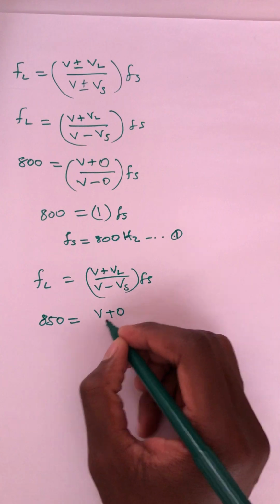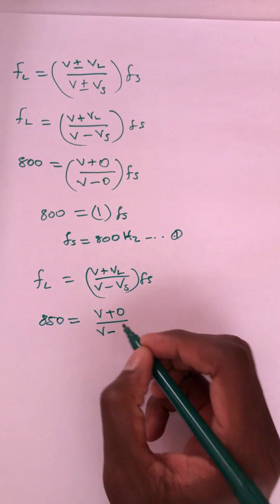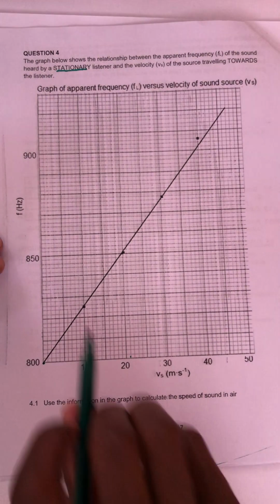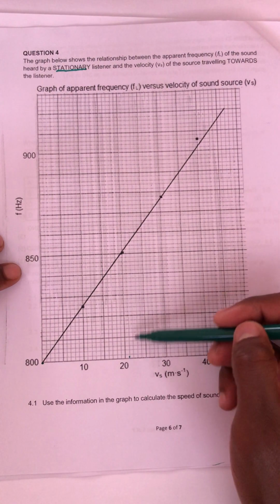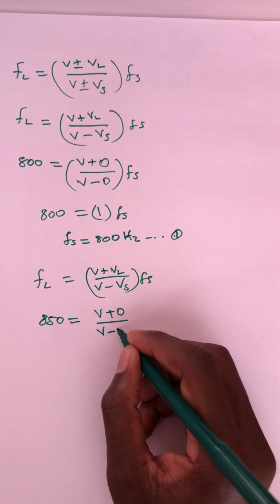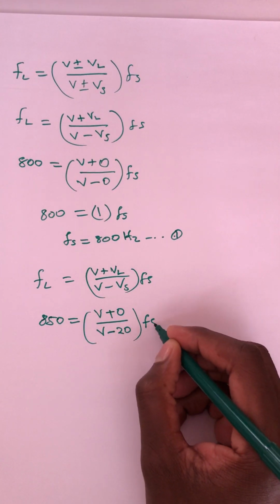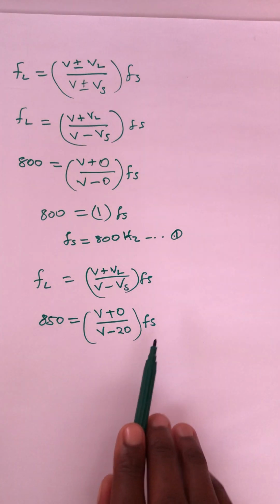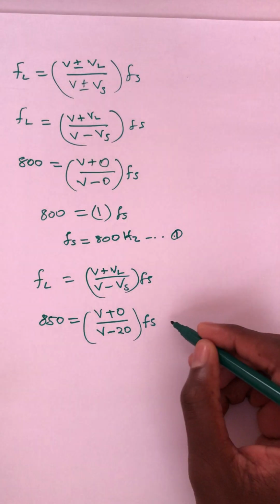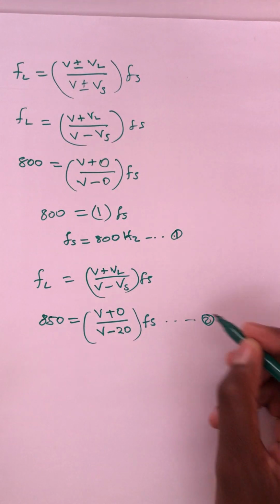This one is 0. Now let's check, it's 800 with 20. So the speed of the source is 20 from the graph. Then Fs. But what is Fs? Let's say this is equation 2.